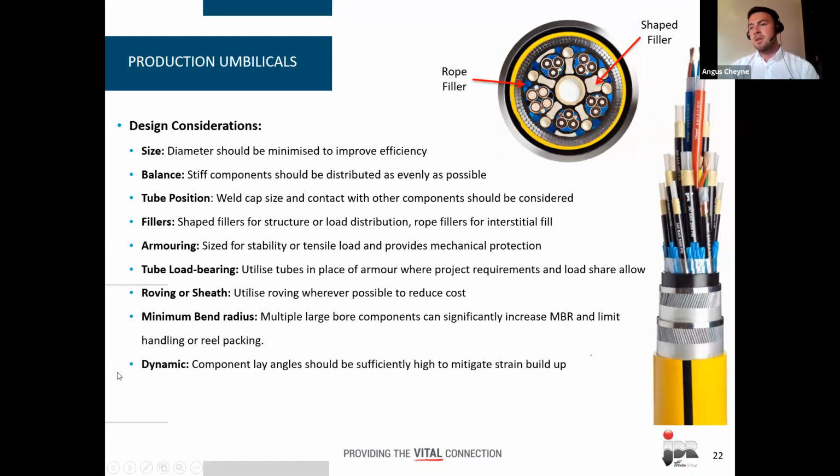If you can imagine that there's quite a long pitch length where the change from compression to tension region is quite spread out, you could, in a particular section, when it's subjected to dynamic motion, introduce quite a large bit of strain buildup. Whereas if you have a high lay angle, this compression and tension is equalized and changed much more frequently, so that the buildup is much more limited, and therefore it manages the high fatigue application.